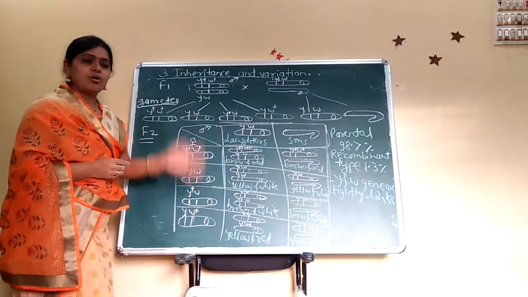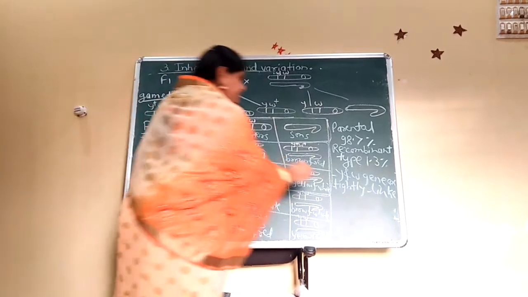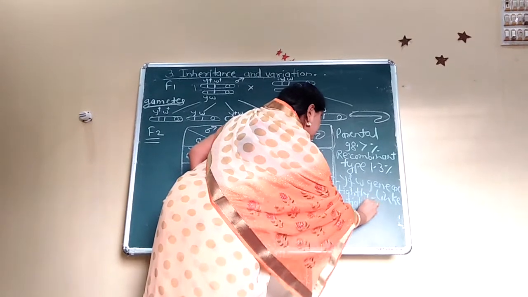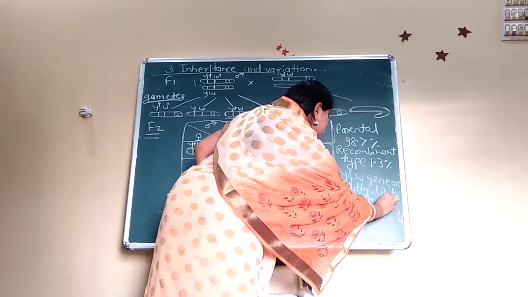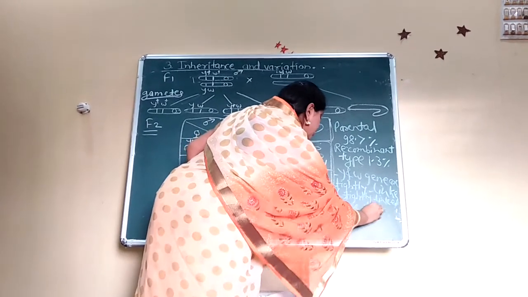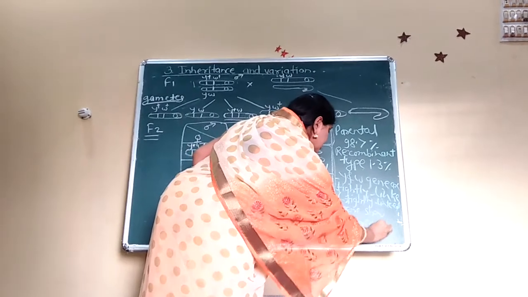And tightly linked genes show less recombination.